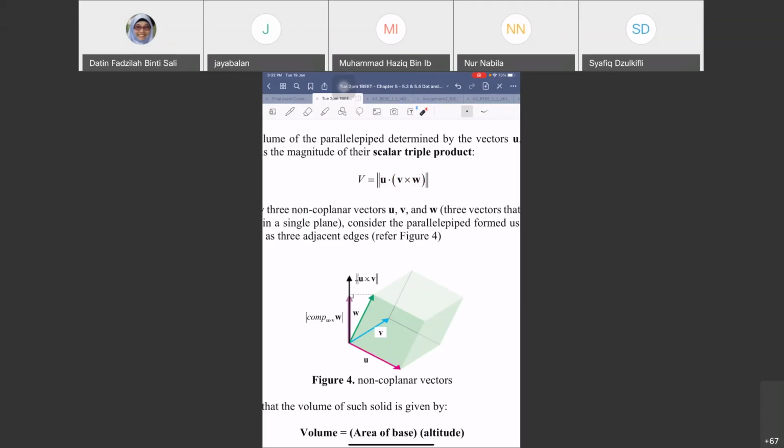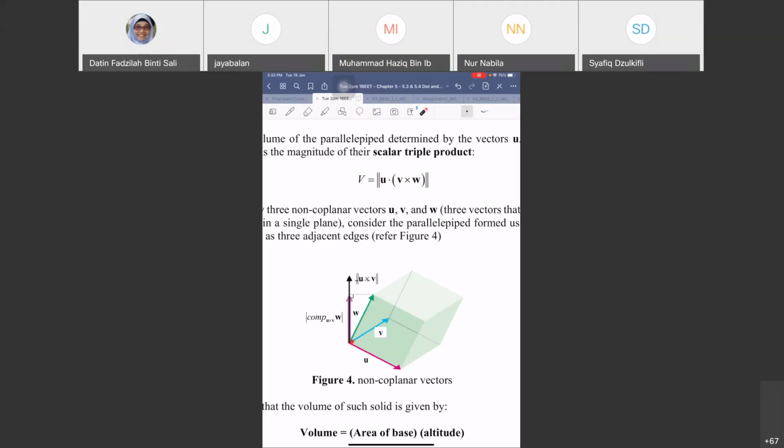And those three vectors again, their initial points all coincide. The initial points of the three vectors coincide, and those three vectors are non-parallel.